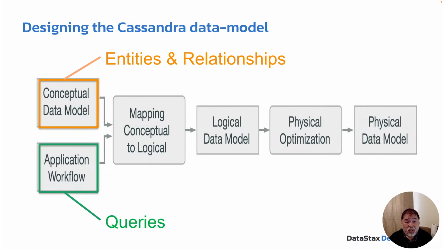So in Cassandra, we start with a conceptual data model, just like you would in a relational database, but we also look at what we call the application workflow or queries. So what queries will run against this model? Then, once we have those two inputs in parallel, we can create a logical model and ultimately a physical model.